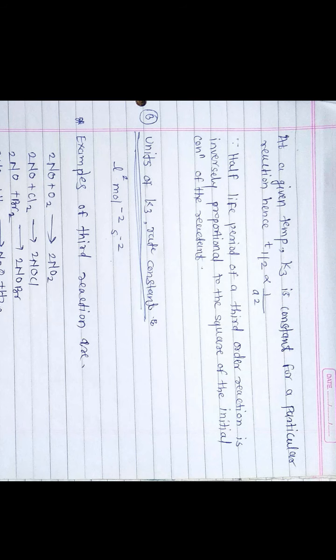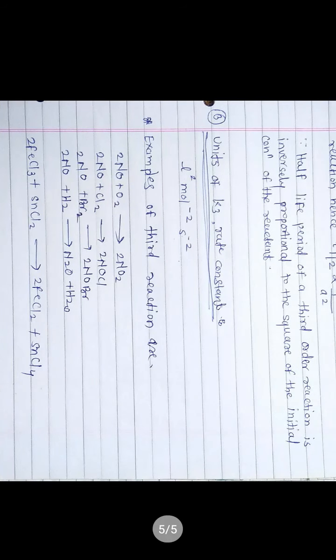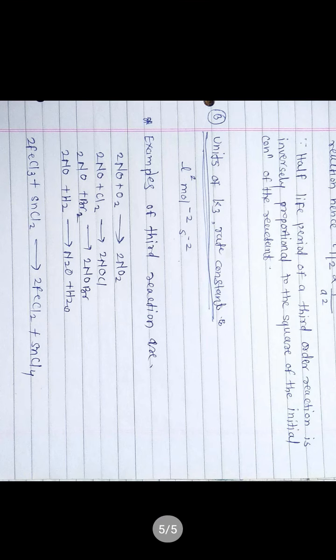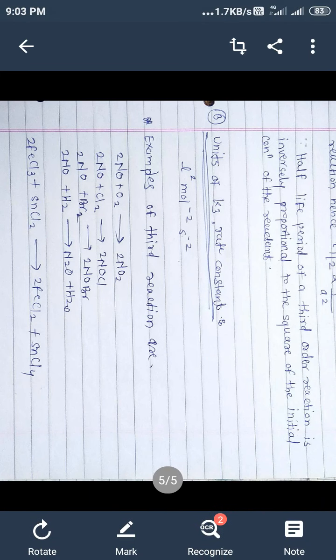Examples of third order reaction are 2NO plus O2 gives 2NO2, 2NO plus Cl2 gives 2NOCl, 2NO plus Br2 gives 2NOBr, 2NO plus H2 gives N2O plus H2O. Now 2FeCl3 plus SnCl2 gives 2FeCl2 plus SnCl4. These are the examples of third order reaction.